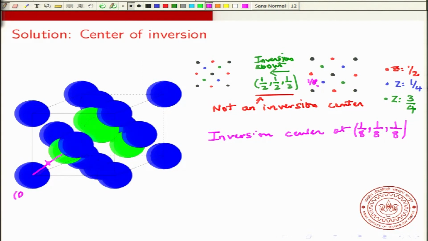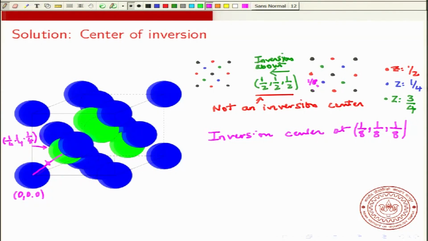So this is 0, 0, 0, this green atom is 1/4, 1/4, 1/4, and the point midway between these will have coordinates 1/8, 1/8, 1/8, and you can again look at the entire crystal and show that this point is actually an inversion center.